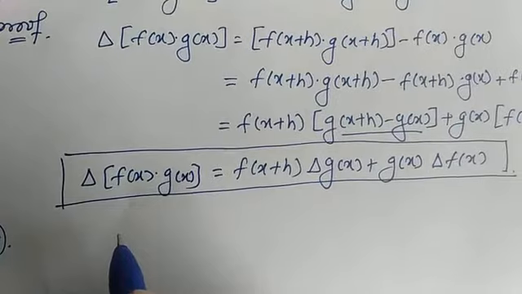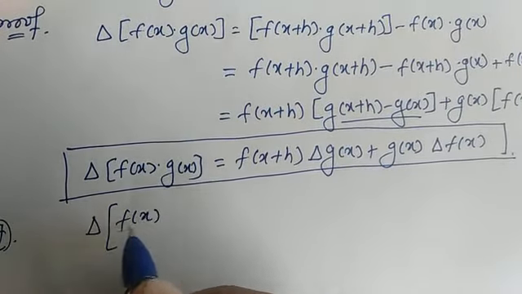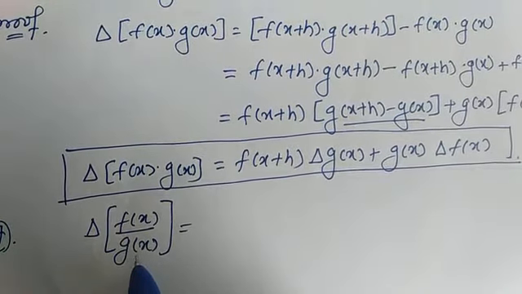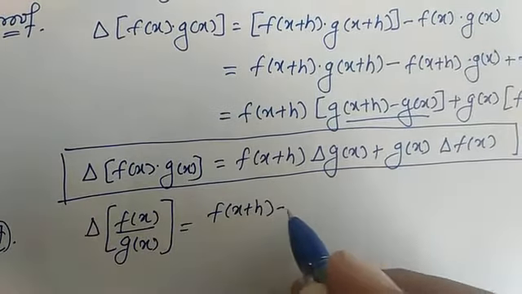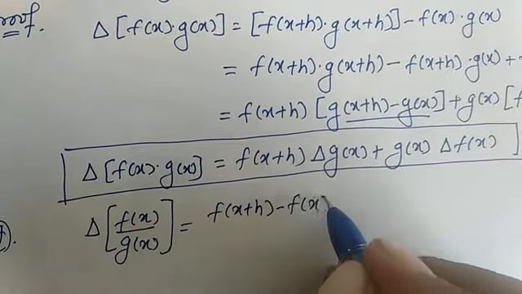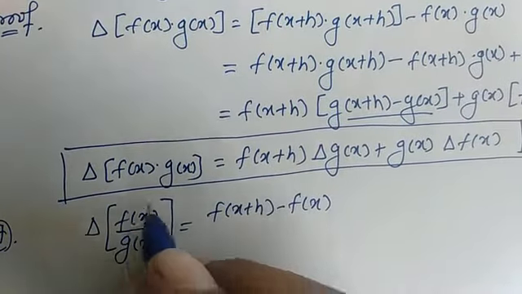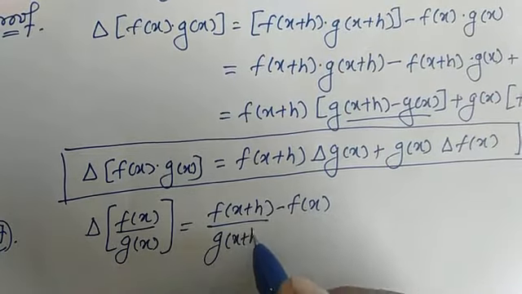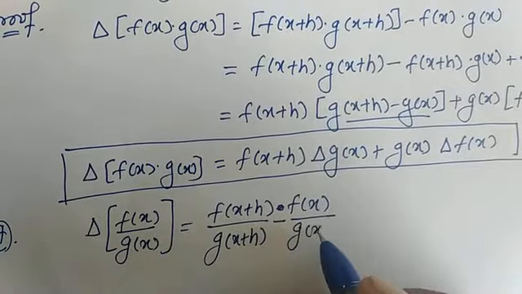Now for the seventh, you have to prove Δ of f(x) upon g(x). It can be written as f(x+h) upon g(x+h), and we have to take minus f(x) upon g(x).